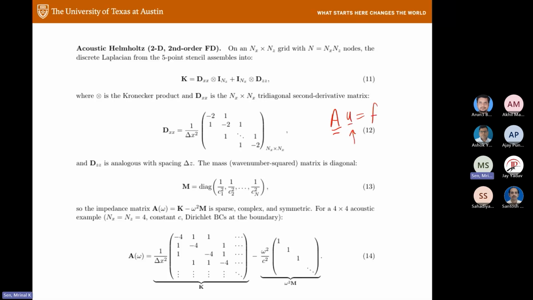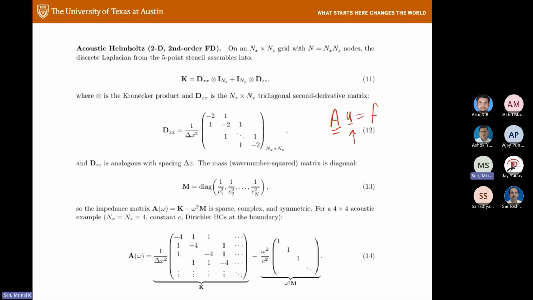A is sparse, complex, symmetric, but an indefinite matrix, meaning that to solve for u, you have to apply an inverse of A, and getting that inverse is not trivial. In 2D, you can use LU decomposition, which is most commonly used, but in 3D, it's not a very easy task.